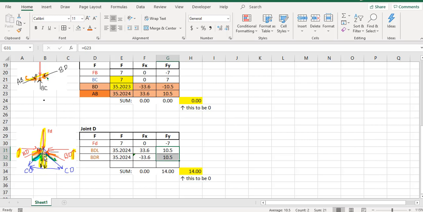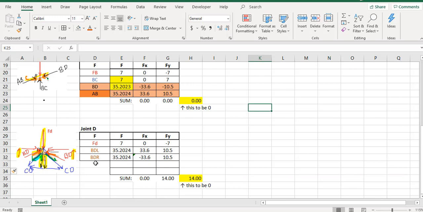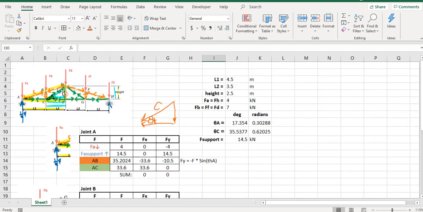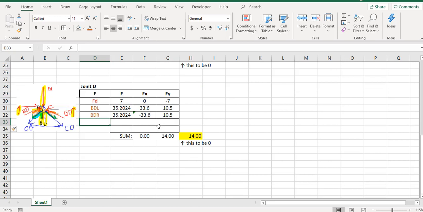So here's where CD comes in, right? I'm going to have to add one more row here. Let me make sure I wrote that right. So this is CD, and we'll call this CD right.